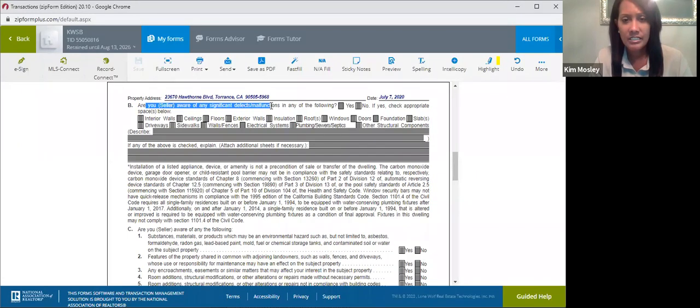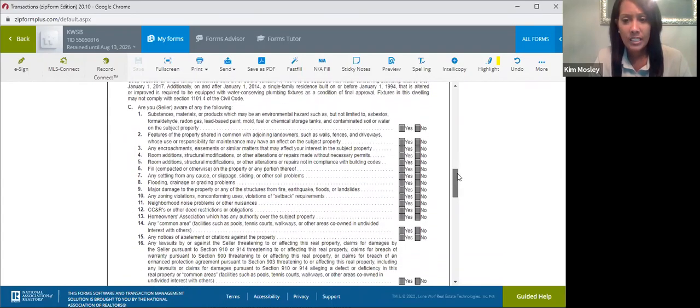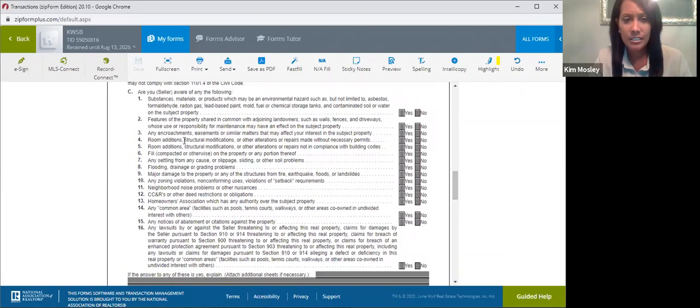So the seller just needs to go through yes or no and mark anything off. And if anything is checked off yes, then of course they would have to give the explanation there.